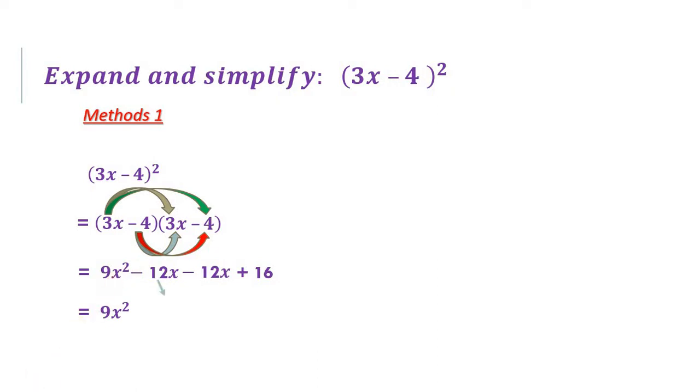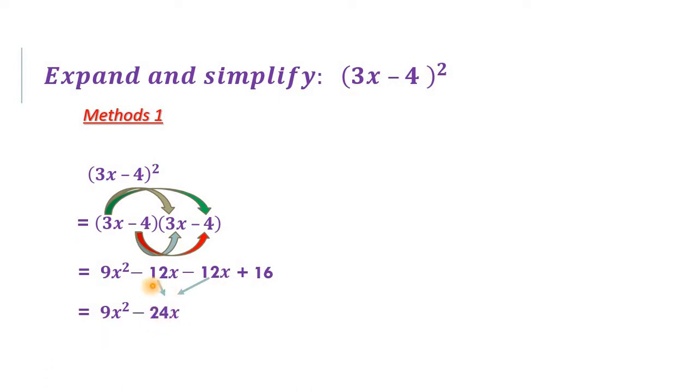And then we will simplify the linear terms, the two terms that have an x to the first power only. This x is raised to the first power, which we do not show. This x is also raised to the first power. When a variable is raised to the first power, we do not show it. And so these two terms are like terms. When we simplify the like terms, we get negative 24x.